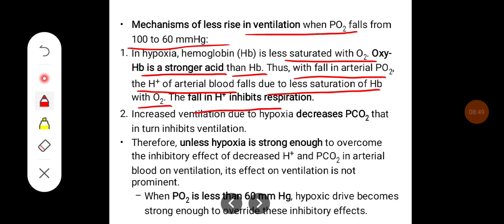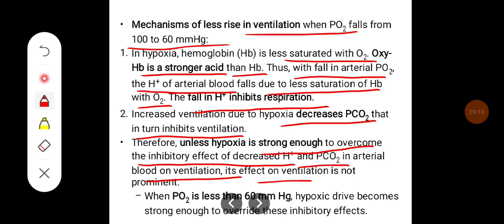The fall in the H plus ions inhibits respiration. Increased ventilation due to hypoxia decreases PCO2, which in turn inhibits ventilation. Therefore, unless hypoxia is strong enough to overcome the inhibitory effect of the decreased H plus and PCO2 in the arterial blood on ventilation, its effect on ventilation is not prominent.